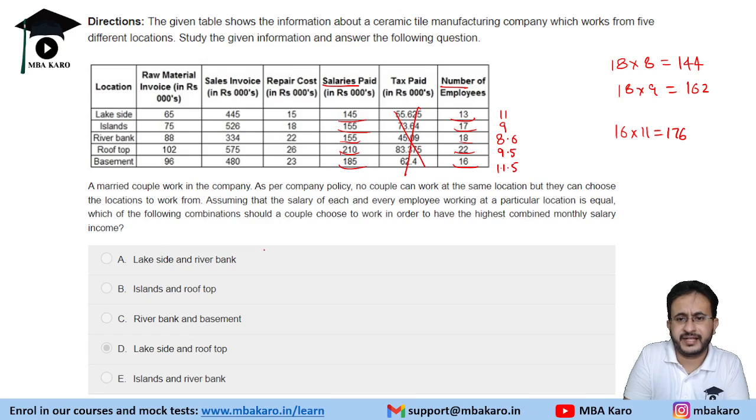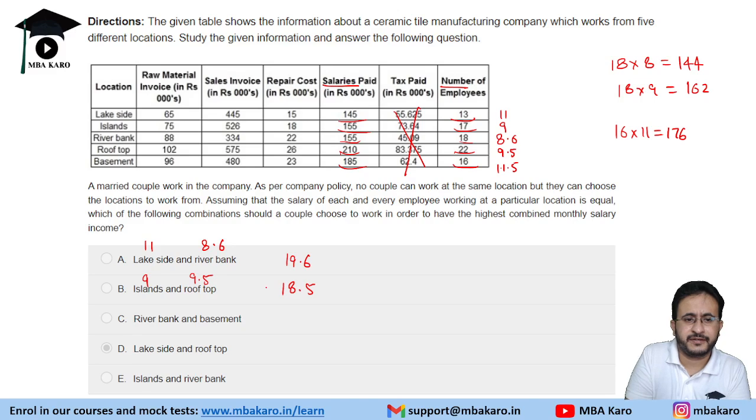So lakeside and river bank, if we take the combination, lakeside is 11 and river bank is 8.6, so total is 19.6. Island and rooftop, that is 9 and rooftop is 9.5, so 18.5. River bank and basement: river bank is anyway less, so that should not give us the highest, but yes, basement is adding to it.